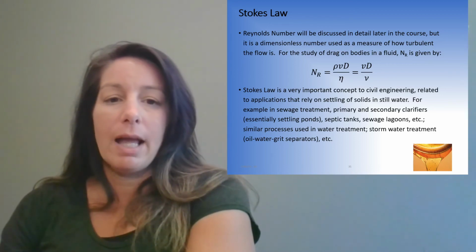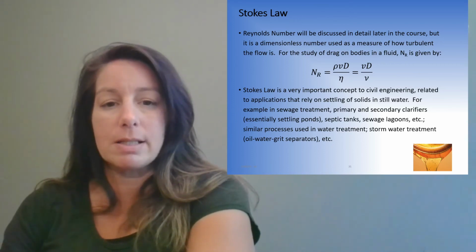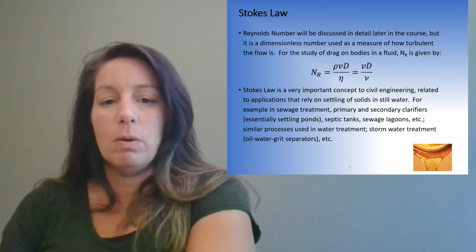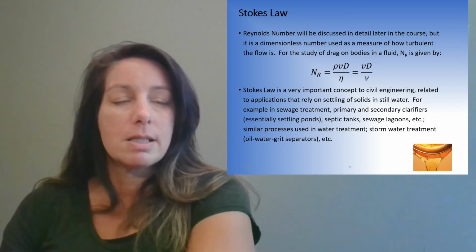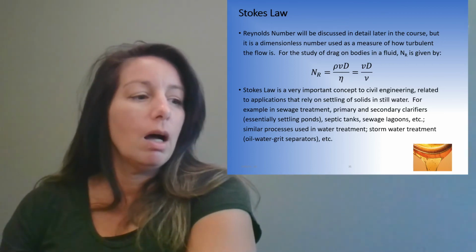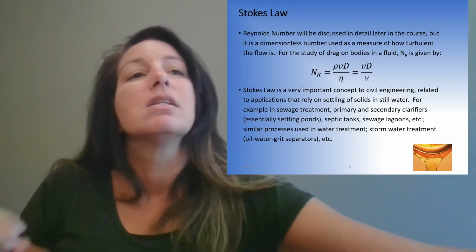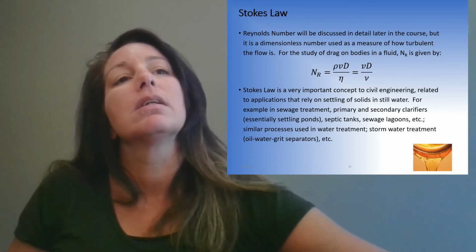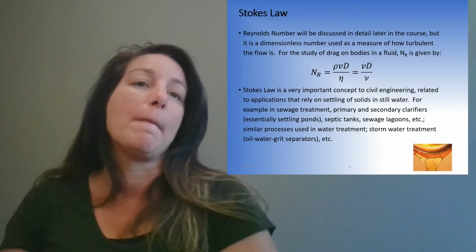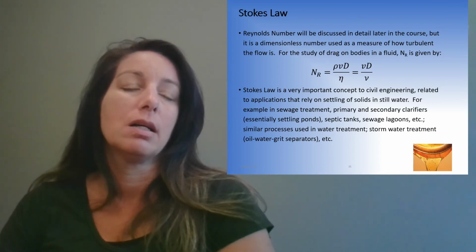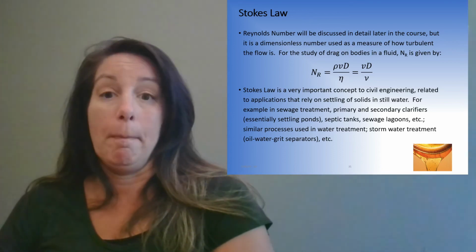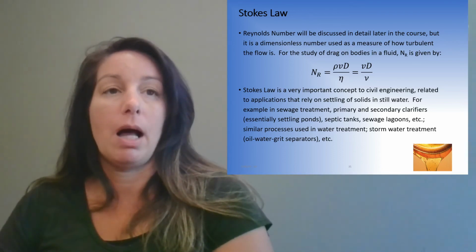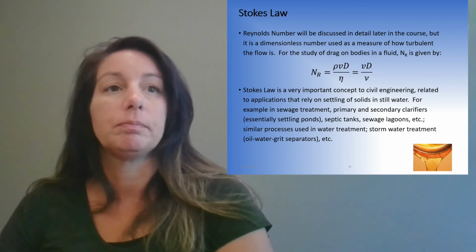For the study of drag in bodies in a fluid, the Reynolds number NR is given by rho times V times D, the speed of the fluid times the diameter of the body that's in it, divided by eta.